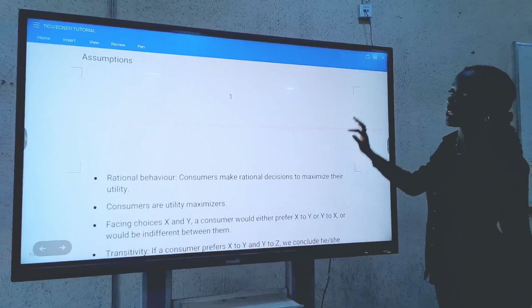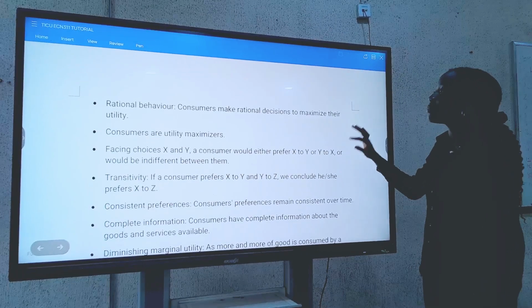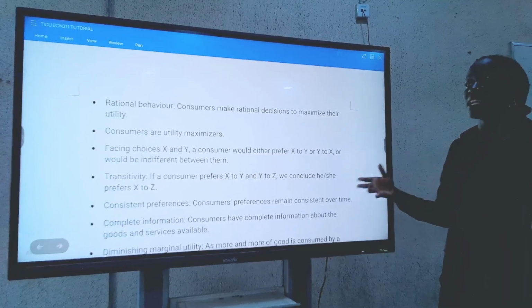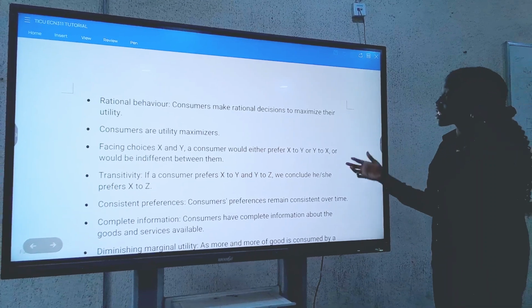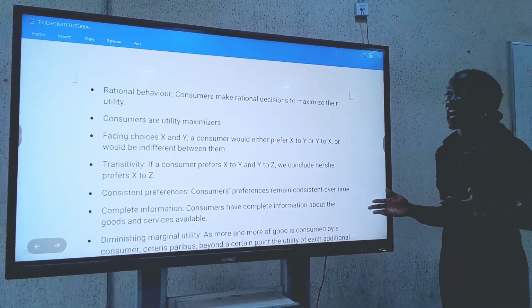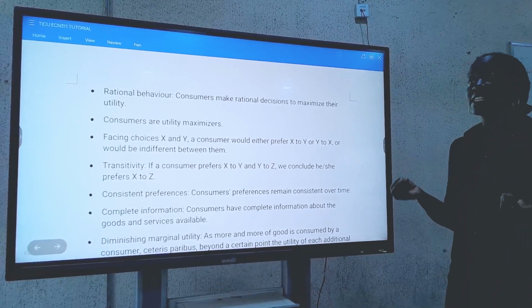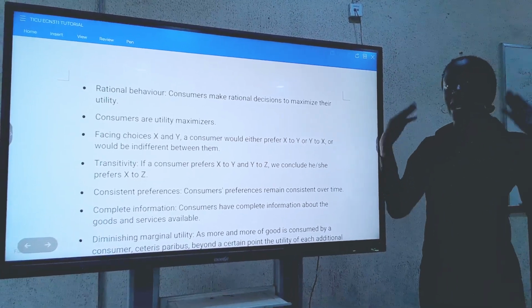And under consumer theory, there are various assumptions. Number one, rational behavior. It is assumed that consumers behave rationally. They make rational decisions to maximize their utility. It is assumed that I am reasonable.